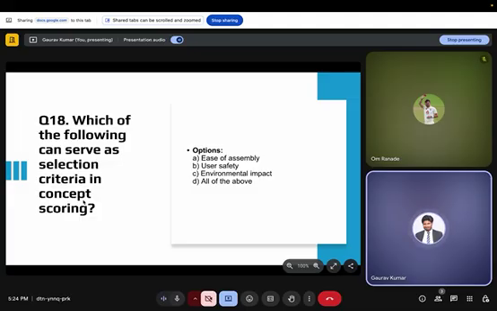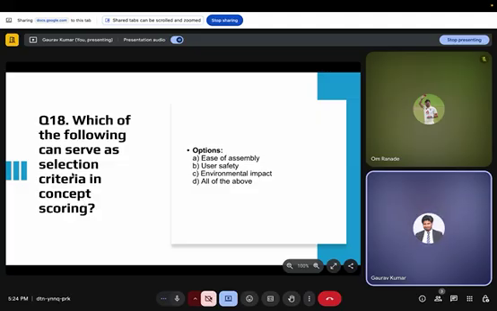Quantifying these dimensions through scoring strengthens decision transparency and ethical accountability. Week 12 reinforced that concept evaluation must adopt a holistic view of design quality. Comprehensive criteria enable designers to make choices that are technically sound, user-centered and environmentally responsible.